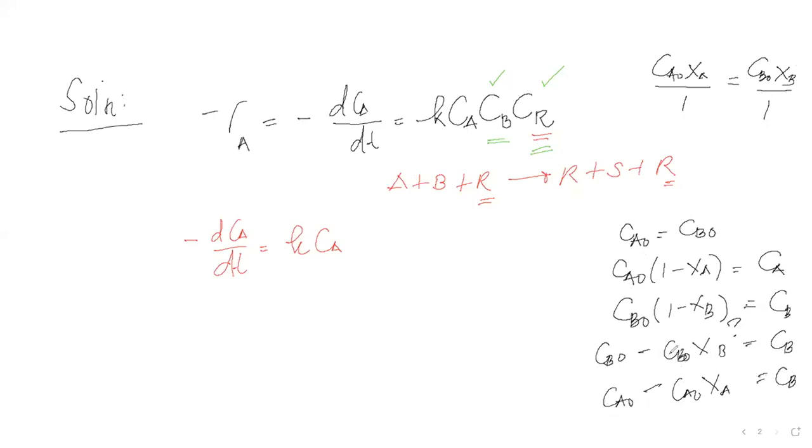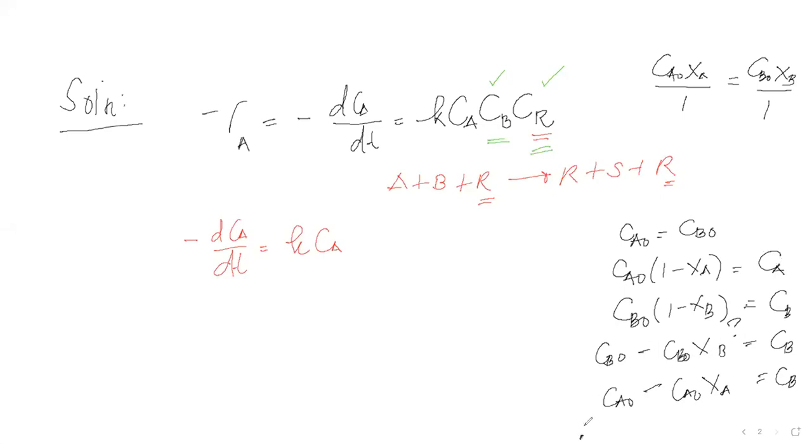What is this? Isn't this one? Class, are you still there? Are you with me? This CAO minus CAO XA, which I placed here for CBO minus CBO XB, is actually this one.